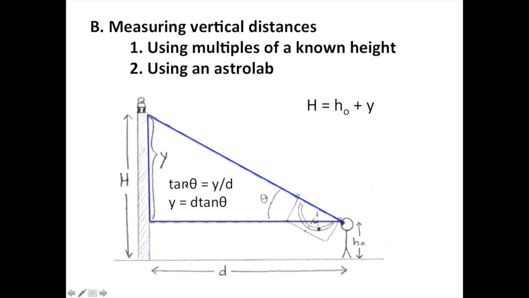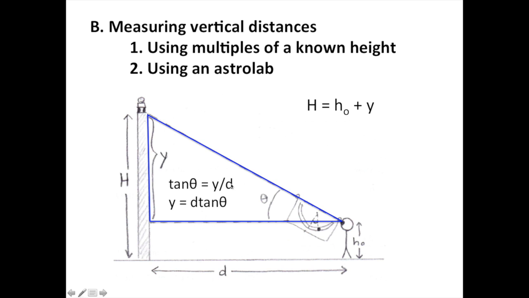So using our triangle, we can write the expression that the tangent of theta, so here's my theta. Remember that tangent, using SOHCAHTOA, tangent is opposite over adjacent. So the side that's opposite the theta is y. The side that is adjacent the theta is d. So tangent theta is y over d.